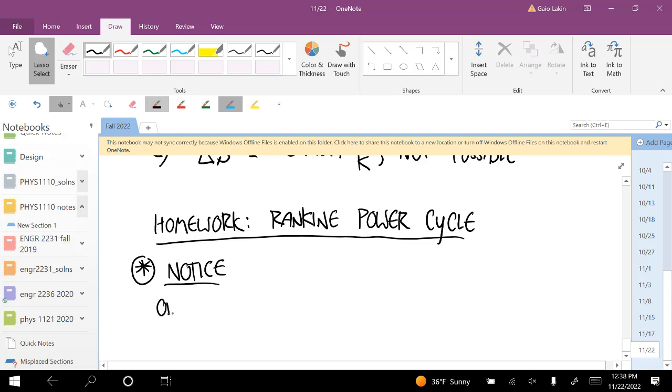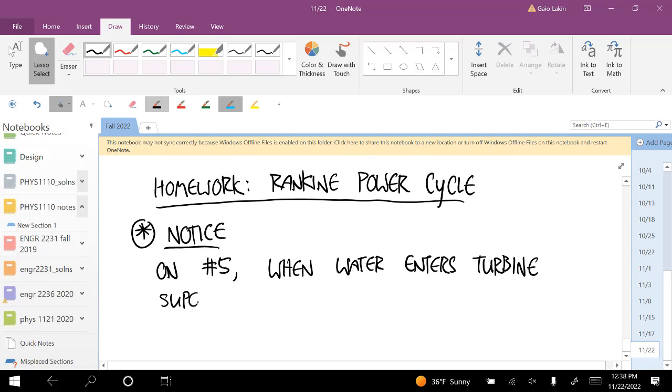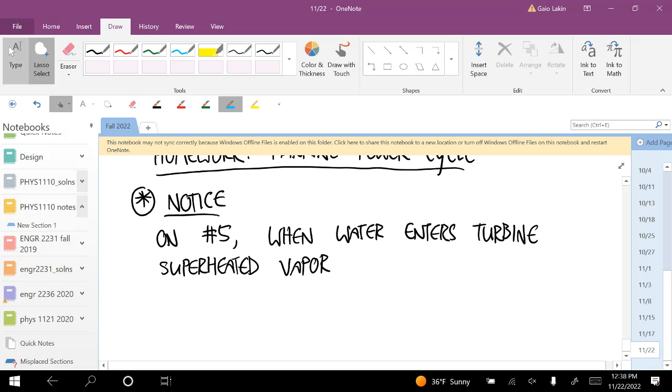On number 5, you have to know to do this problem that when the water enters the turbine, it's a superheated vapor with a pressure of 10 megapascals.